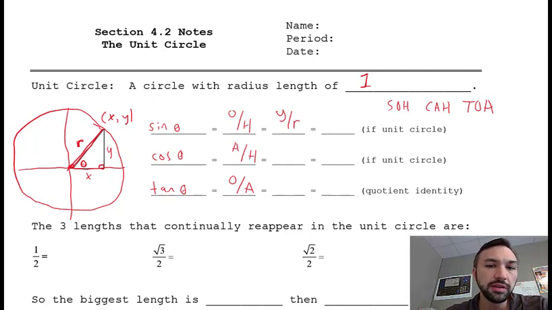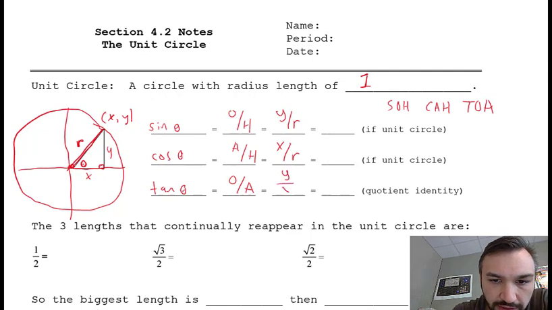Cosine is adjacent over hypotenuse, and adjacent is x, hypotenuse is r, so x over r. And tangent, opposite over adjacent, would be y over x.